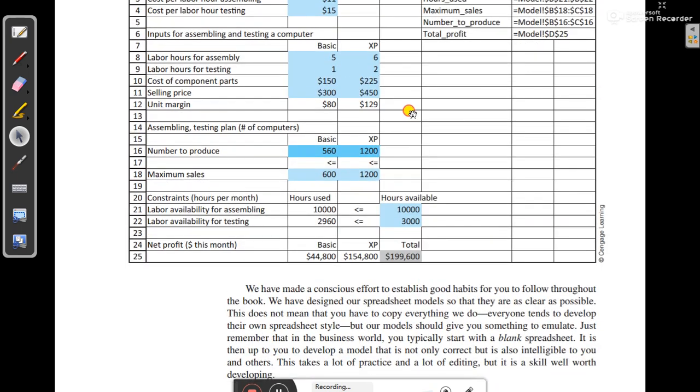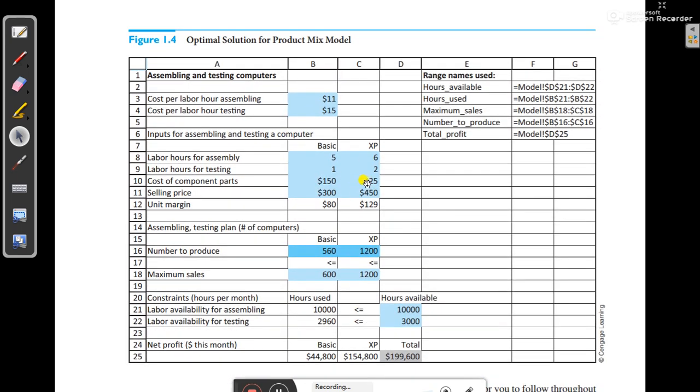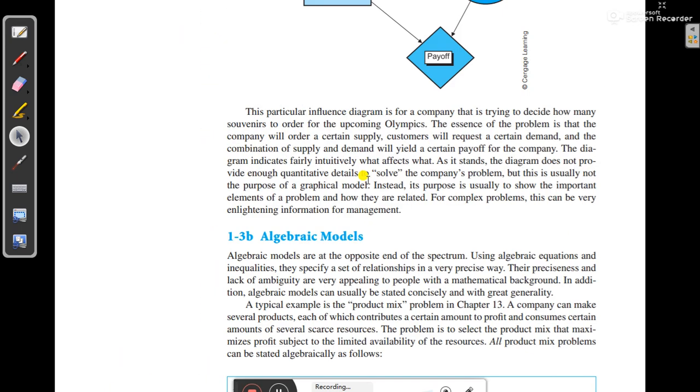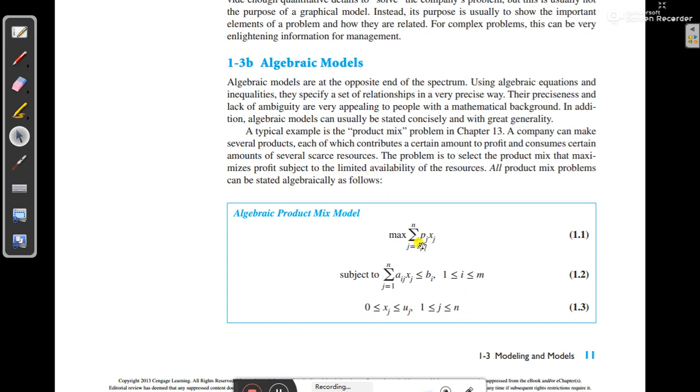Like here you can see, in the last video we discussed this algebraic model, where this equation is a maximization equation, max of this.